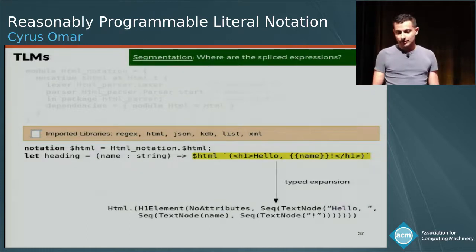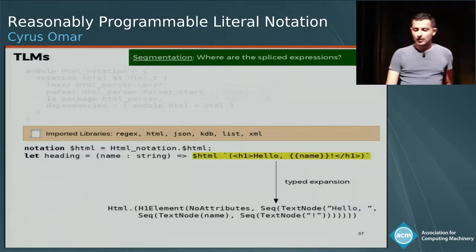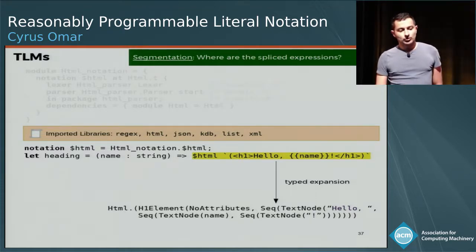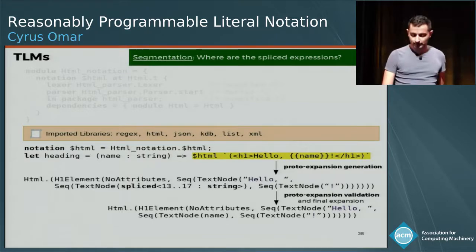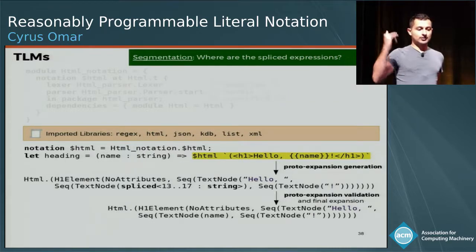And then, okay, let's talk about segmentation. Where are the splice expressions? This one's tricky because even if you look at the expansion, you can't really tell what the relationship is between parts of that expansion and the character sequences in your source file. So you'd have to really go look at the implementation of your parser to do this manually. We don't want that. And so this process of expansion actually consists of two phases. The first phase is proto-expansion generation. That's what the parser generates.